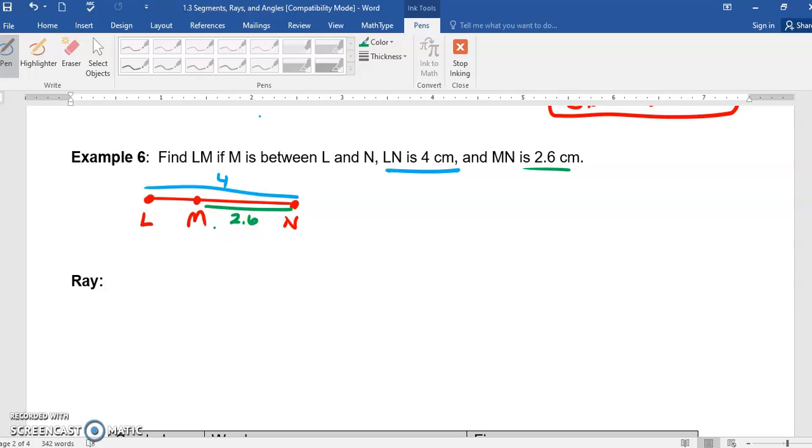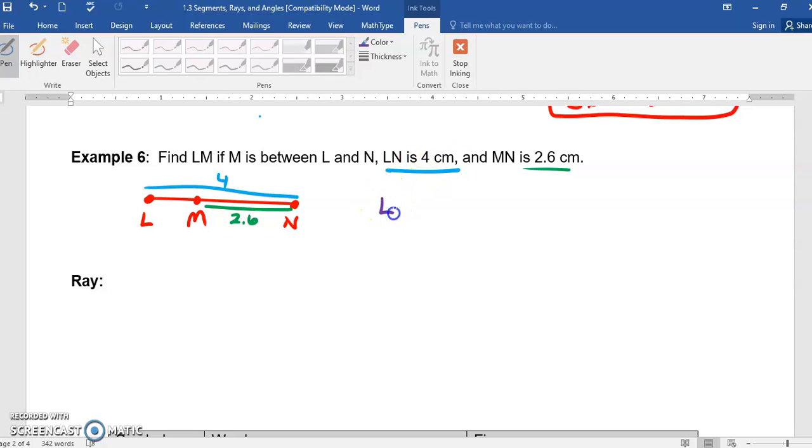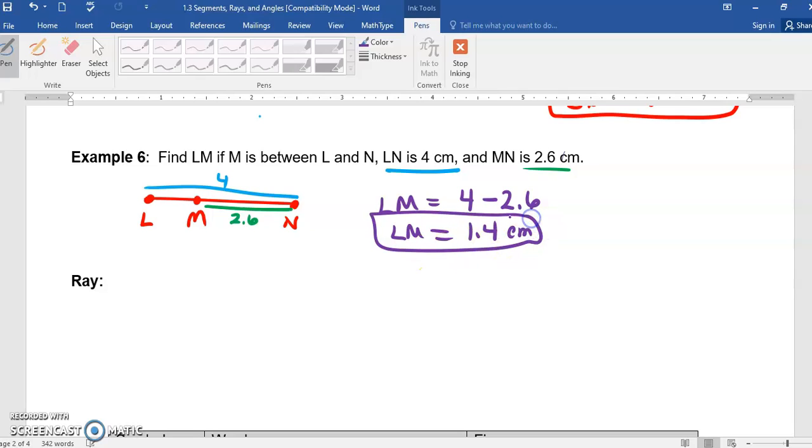So in order to find LM, we know the whole thing and we know the piece, we're going to subtract. LM is going to be the whole thing minus the piece that we know, which is 1.4. If you're given units, you should answer your question with units.